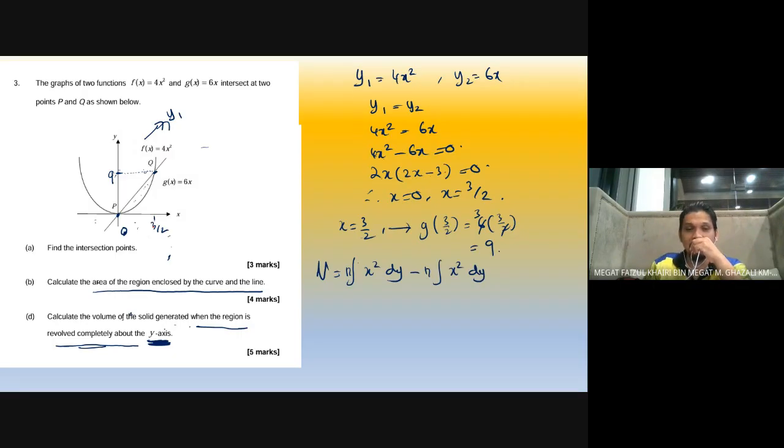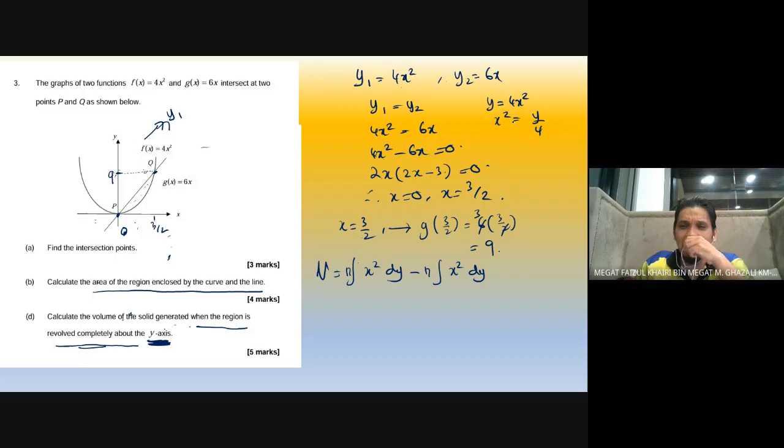because we are integrating with respect to the y-axis, so with respect to y. What we have right now is y equal to f(x), so we need to change this into the form x equal to f(y). From y equals 4x squared, make it x squared equals y divided by 4.